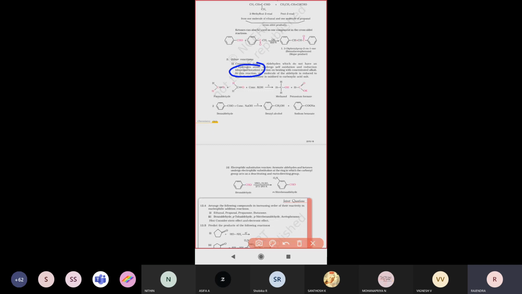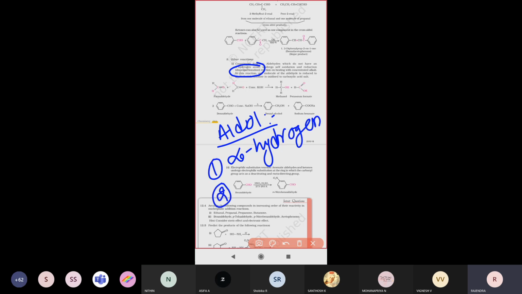But in aldol condensation, alpha hydrogen atom must be needed. And during that chemical reaction, a water molecule is eliminated.